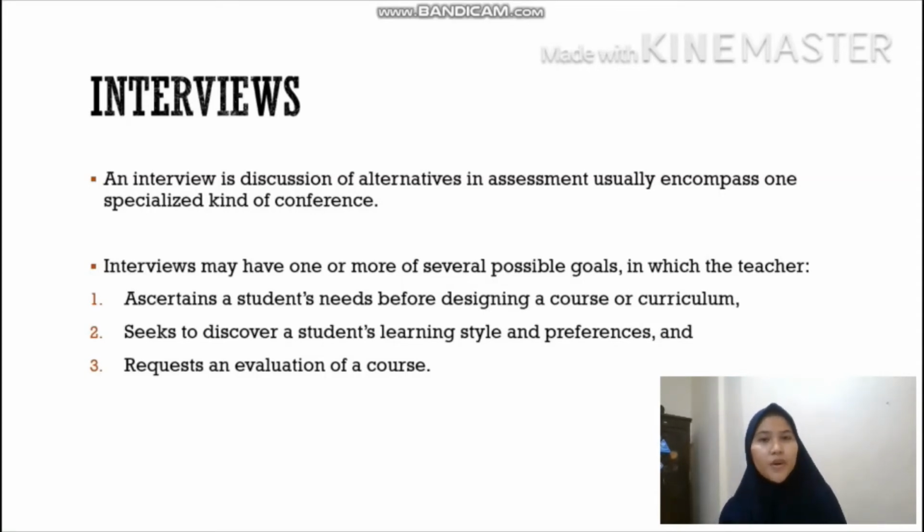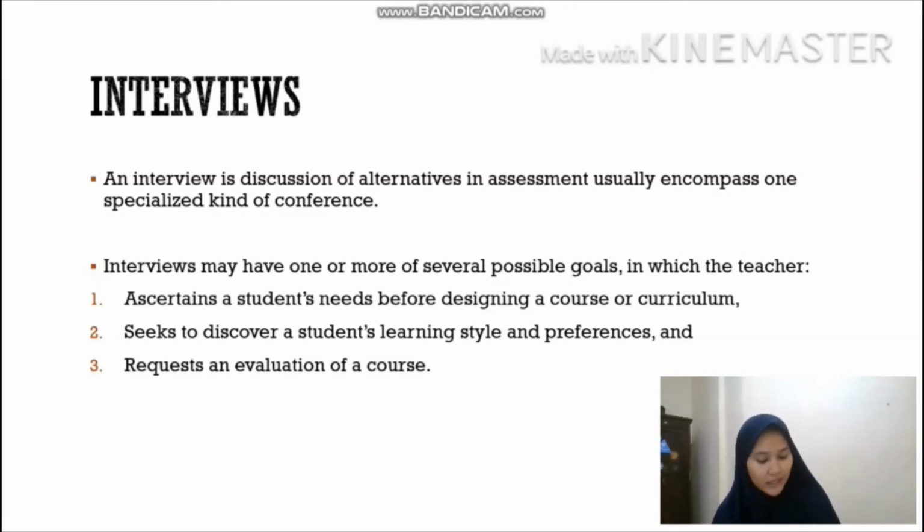Interviews may have several possible goals, in which the teacher, dalam melakukan interview, bisa memastikan kebutuhan siswanya sebelum mendesain kurikulum atau mendesain silabusnya, apa yang akan mereka pelajari, apa yang mereka akan kerjakan selama satu semester, atau mencari gaya pembelajaran siswanya atau pilihan belajarnya, dan request evaluasi dari course-nya.